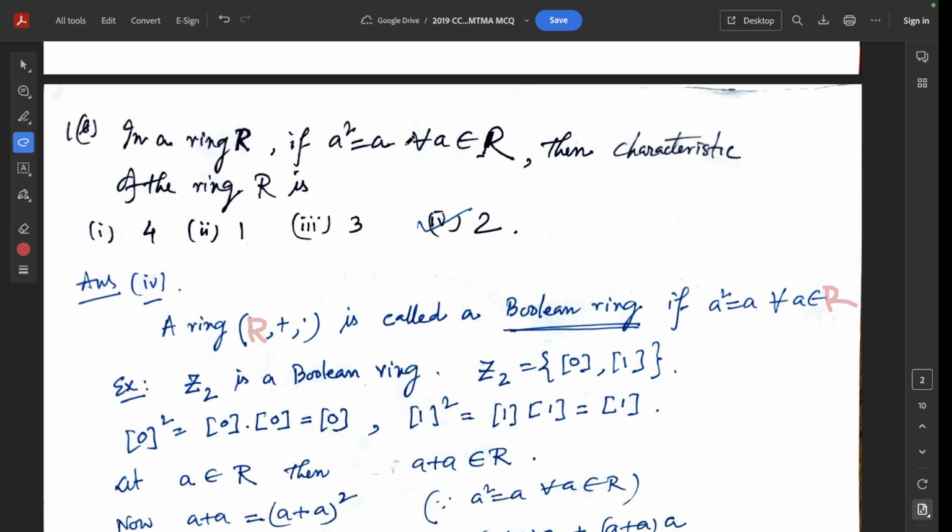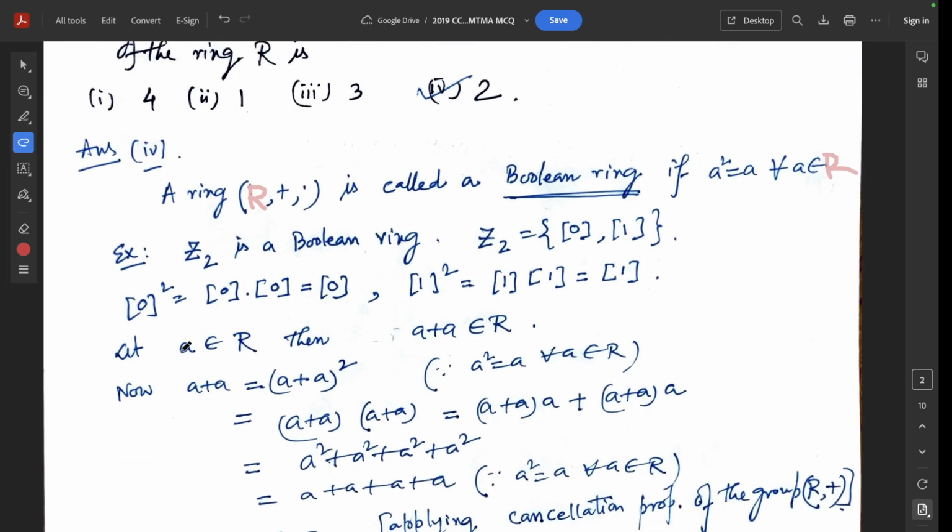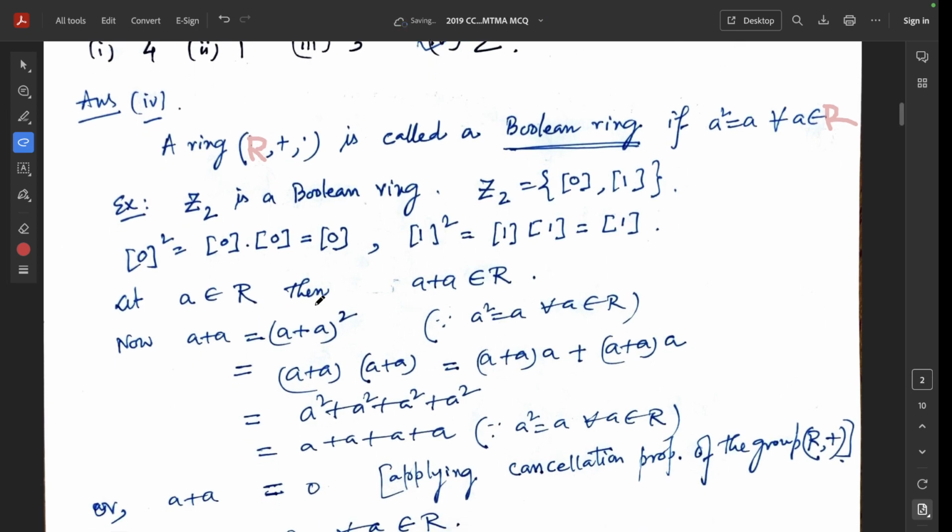Now, a square equals a, then what is the characteristic of the ring R? Let a belong to the ring R, then a plus a belongs to R. Obviously, (R, +) is a group.